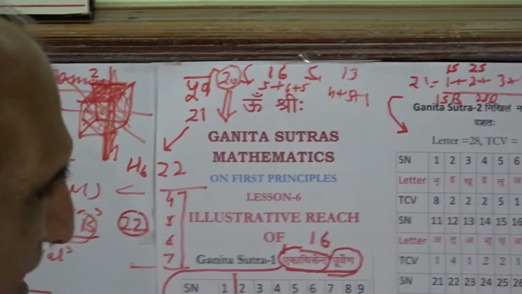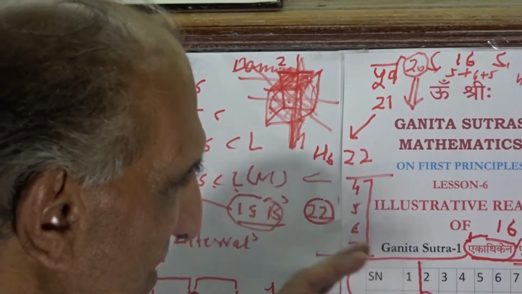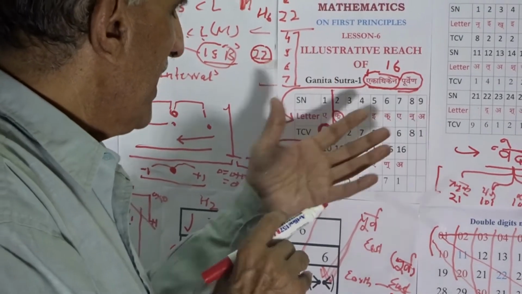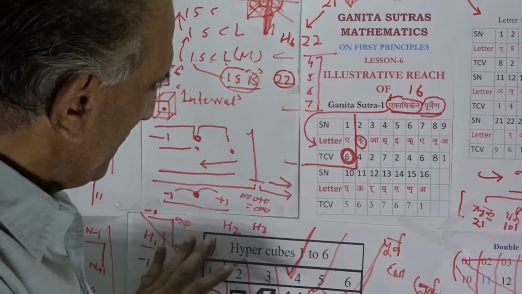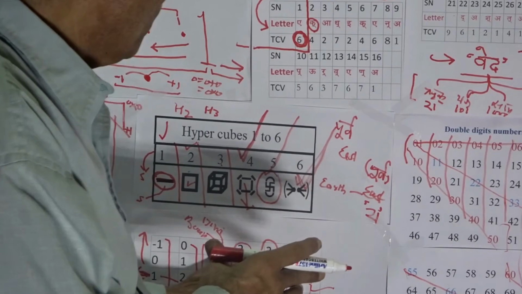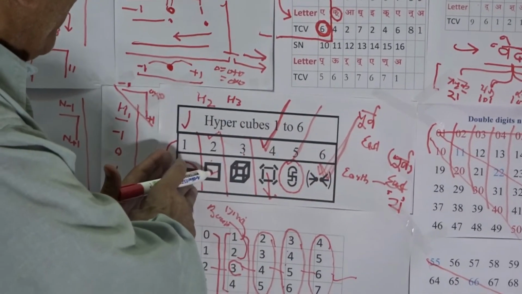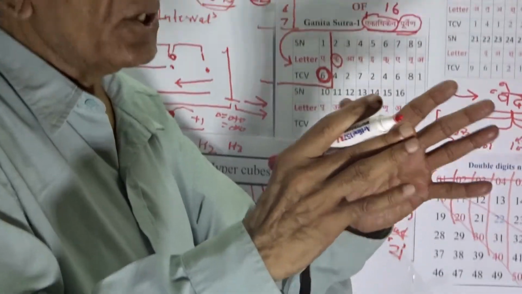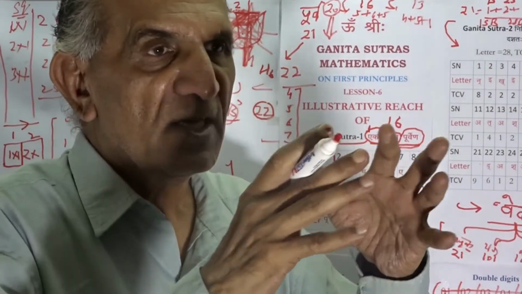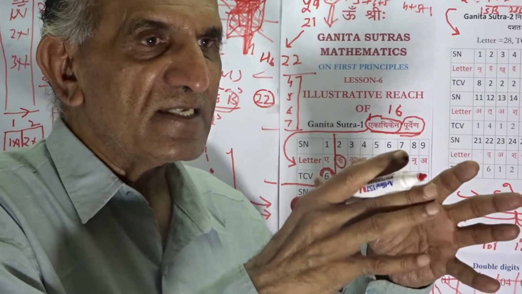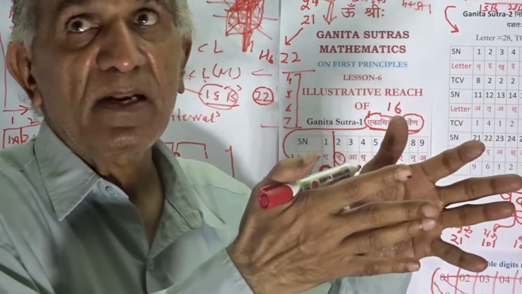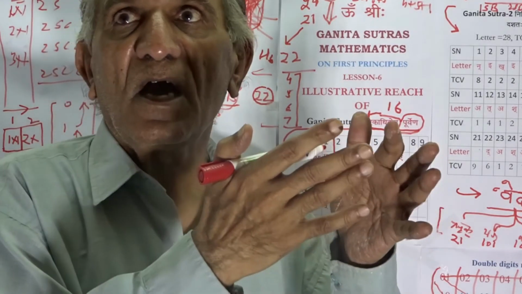Therefore, this organization format, this reach in terms of Ganita Sutra 1 at the format of a Sthapatya mirroring rod, a mirroring rod which is a synthetic setup of hypercubes 1 to 6, and another way the reach at the 9 cross 11 grid, a grid which provides us the mirrors of the artifices of the numbers.